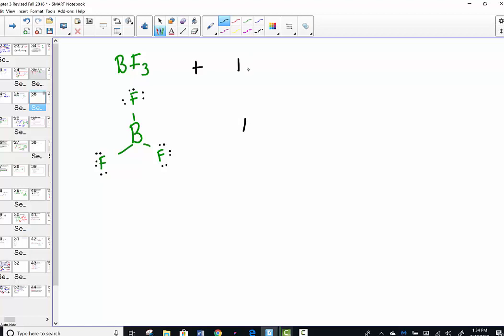Let's draw ammonia. So here's nitrogen, and any amine derivative would have the same set of electrons on the top of the nitrogen. In the new theory called the Lewis acid-base theory, we start with electrons being transferred from an electron-rich to an electron-deficient site.